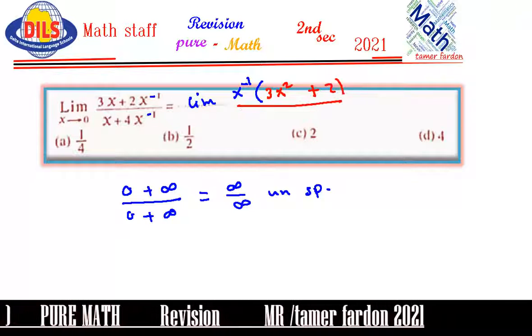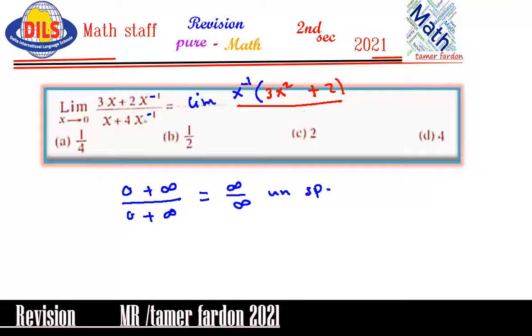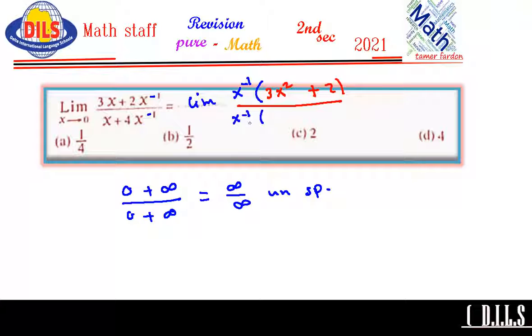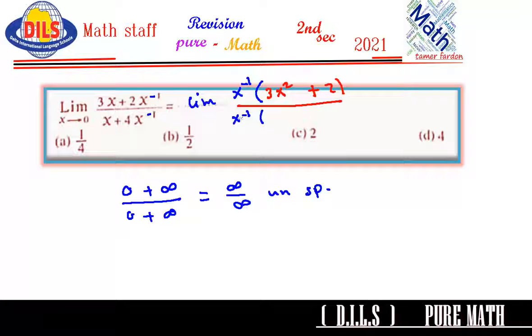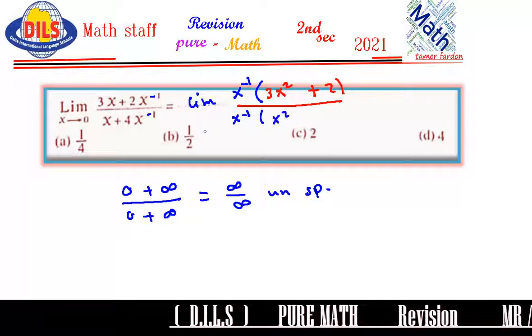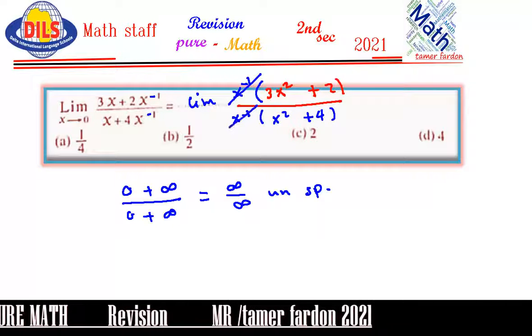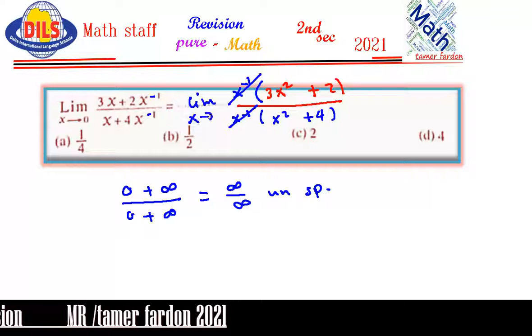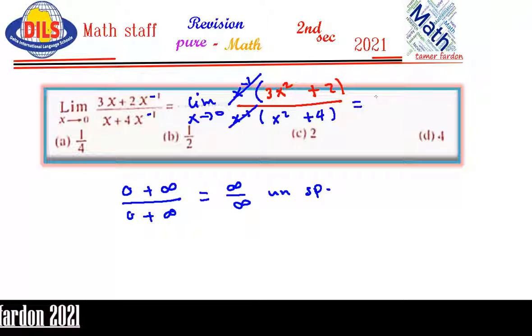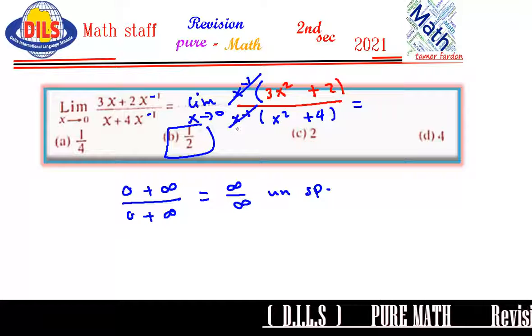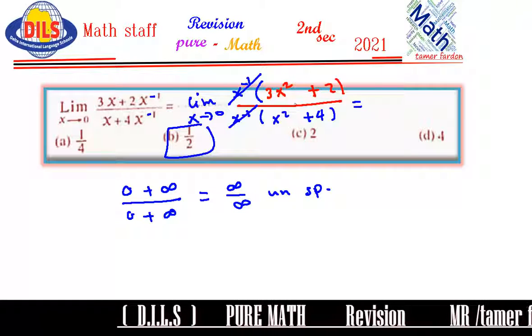Over, also taking x power negative 1 as a common factor from the denominator, x divided by x power negative 1 gives x squared plus 4. Cancel x power negative 1 with x power negative 1. When x tends to 0, by using direct substitution we get 2 over 4, which equals half.